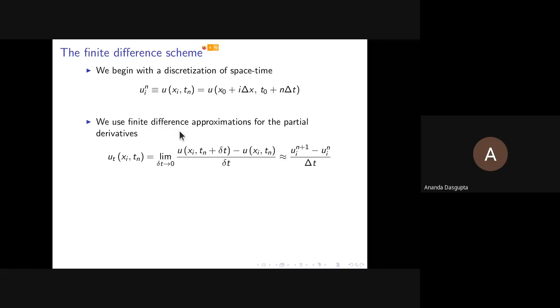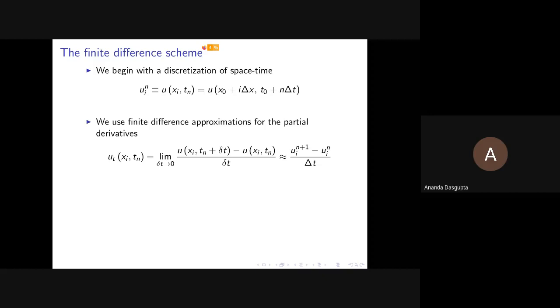So we will use finite difference approximations for the partial derivatives which go into the equation. So you need del u del t at x_i and t_n. Easy. You know this is the definition of del u del t, right? You keep x_i the same in both terms, change t_n by delta t, find out how much u changes, and then divide by delta t, and finally take the limit as delta t goes to 0. And it's of course this final step of taking the limit as delta t goes to 0, which you cannot use on a computer, that is on a numerical algorithm.